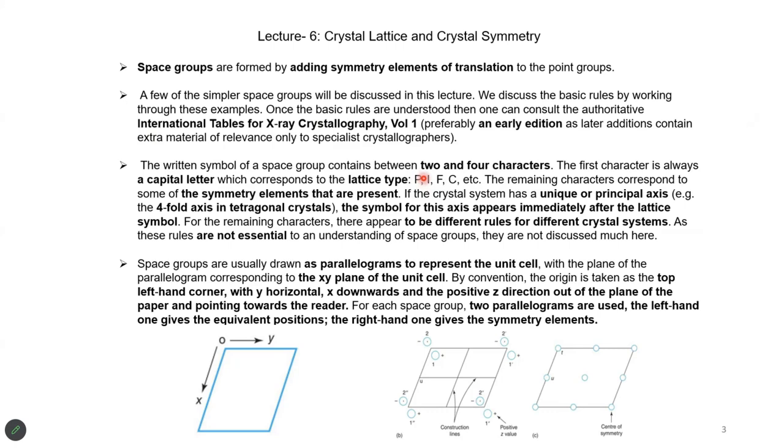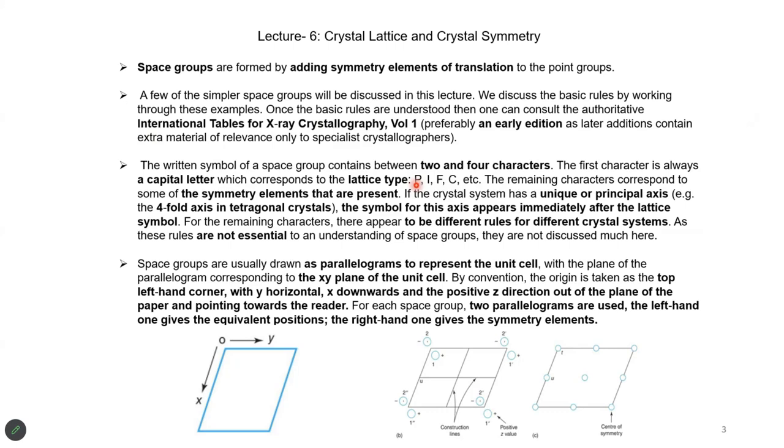P means primitive lattice, I means body-centered lattice, F means face-centered lattice, C means side-centered lattice. These 3 are non-primitive, and this one is primitive. So the first character of a space group should be one of the Bravais lattices.